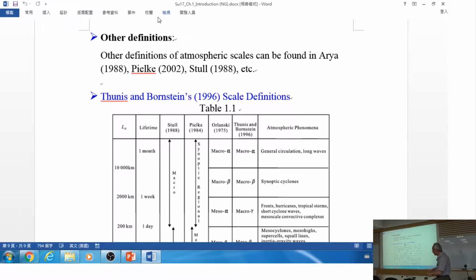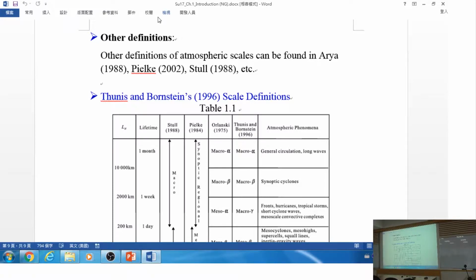Japanese. Fujita. He also gave definitions, and his definition is different from other people's. He defined five scales.